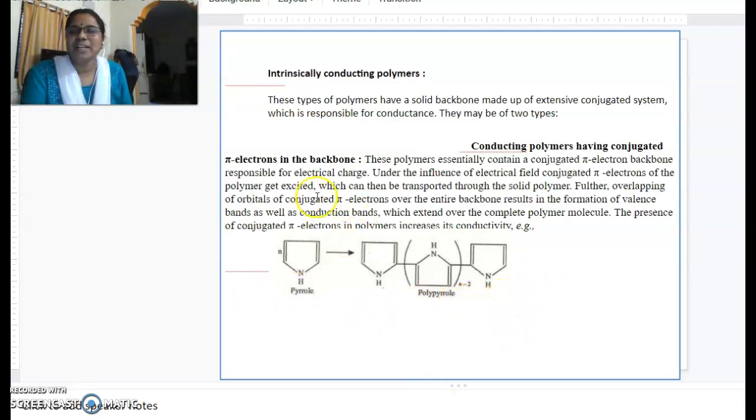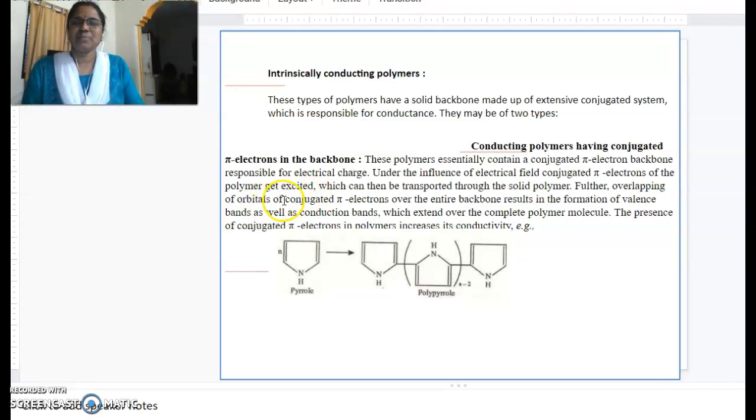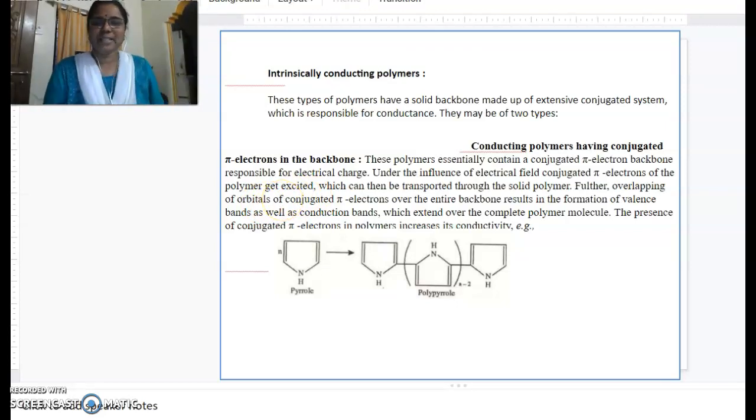If it is a single bond, it does not participate in polymerization and does not suit for the polymer, right? So this is about the scenario. Hence, a polymer backbone must consist of either a double bond or a triple bond. It means unsaturation is one of the major criteria for a polymer, right? So upon polymerization, a double bond will be converted into a single bond.